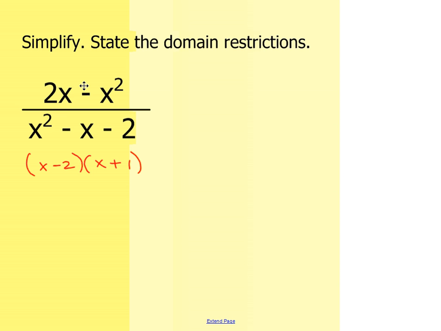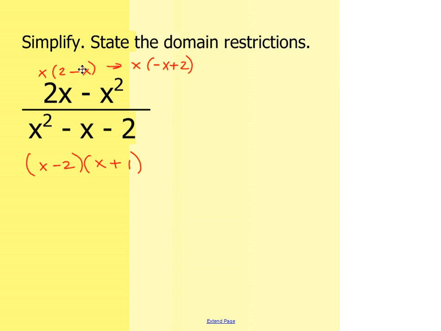So now I know I need to have either an x minus 2 or an x plus 1. I'm going to start with my GCF. If I factor out an x, then I have 2 minus x. It's not exactly the same. If I were to rewrite this, that would be x and then negative x plus 2. Some of you like to just change places.